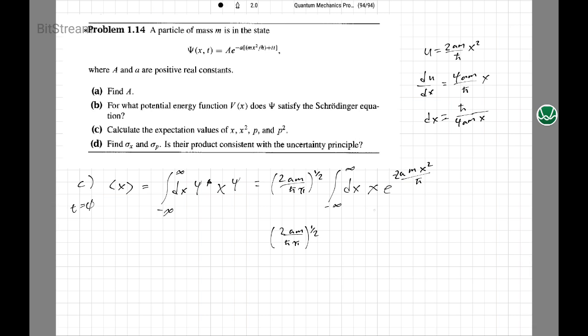First, before I do that u substitution, well, actually we'll just throw it in there so you can see what the issue is. So I'm integrating from negative infinity to infinity, and now I am, whoops, there's my du. So now I have du h bar over 4 am x times x e to the negative u. That cancels out. Now I'm just integrating e to the negative u.